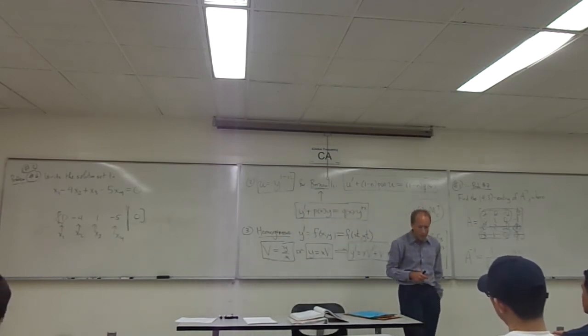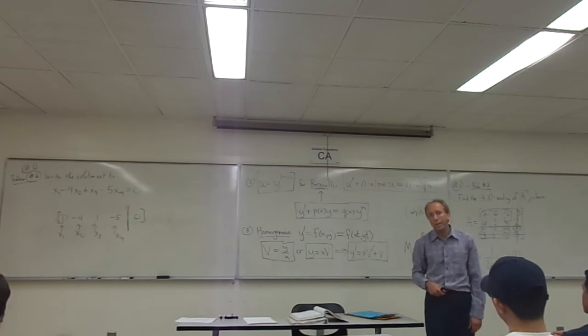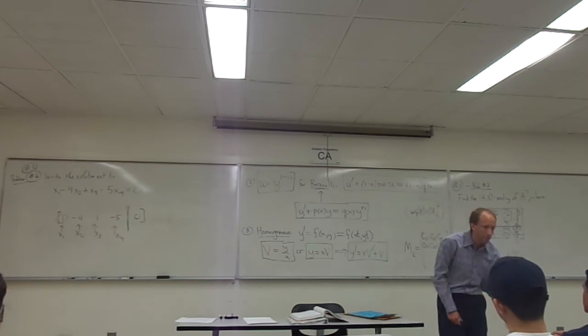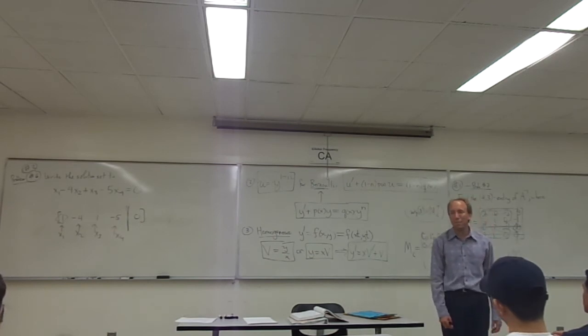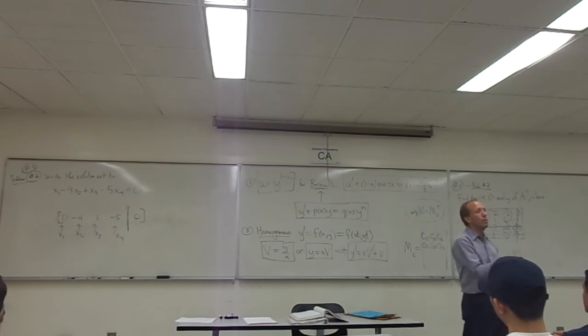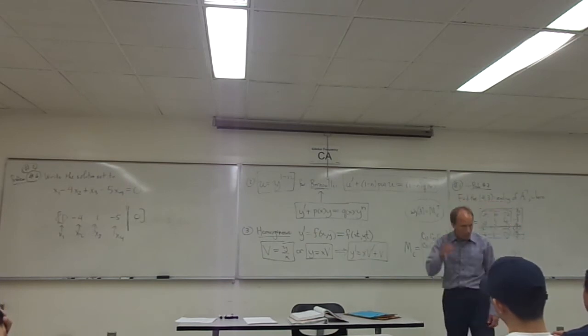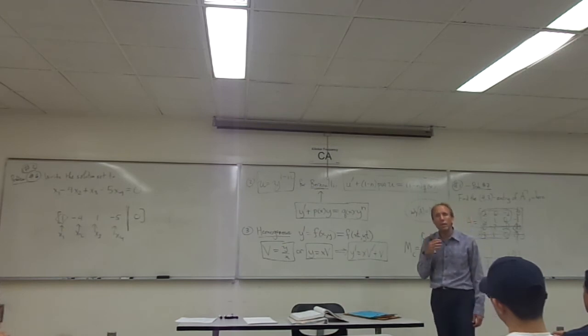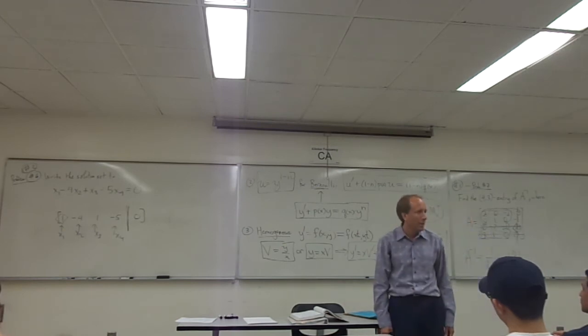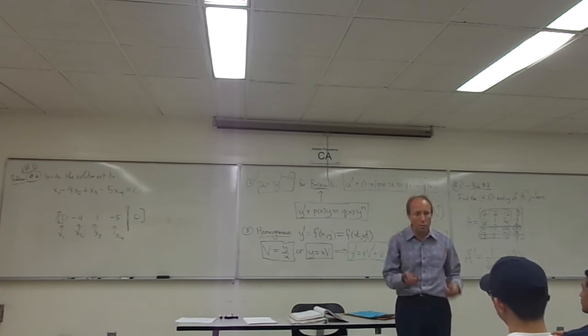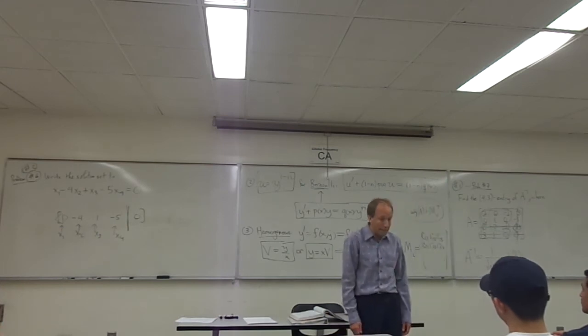A lot of people get hung up on other things they shouldn't. I'll hear people say all the time, I did EROs and got a row of zeros. That is hard to draw any conclusions from, unless the matrix happens to be square, which it generally isn't.